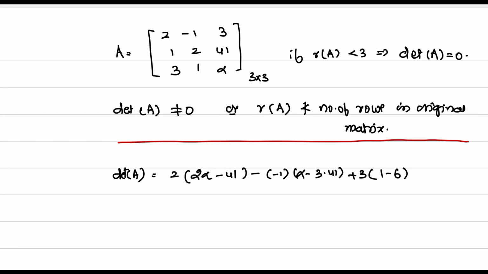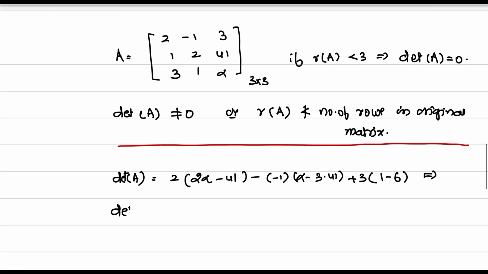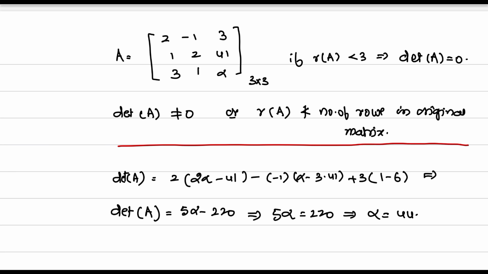This is a simple arithmetic which reduces to determinant of A is equal to 5 alpha minus 220. You please do this. That implies 5 alpha is equal to 220, that implies alpha is equal to 44. If the determinant is to be 0, alpha is equal to 44.